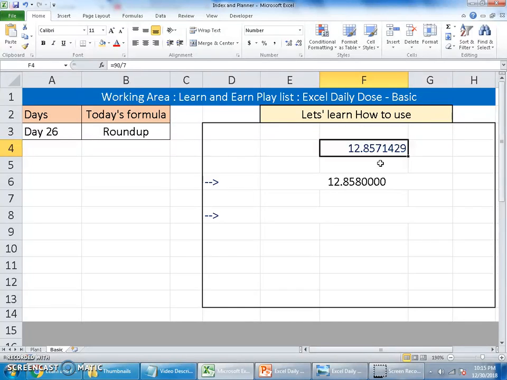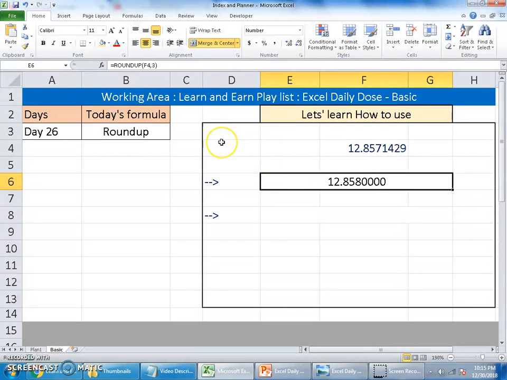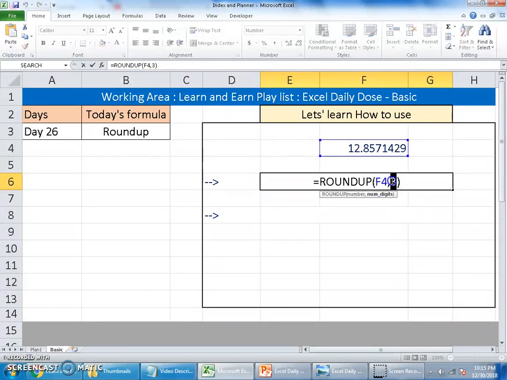So mathematically speaking, if the next character is less than 5, we always keep it back to the 7. If it is more than 5, it will be taken as 8. However, the RoundUp function will always move the character you are asking it to up. So if I am saying the third character here, the third character will be increased, rounded up.